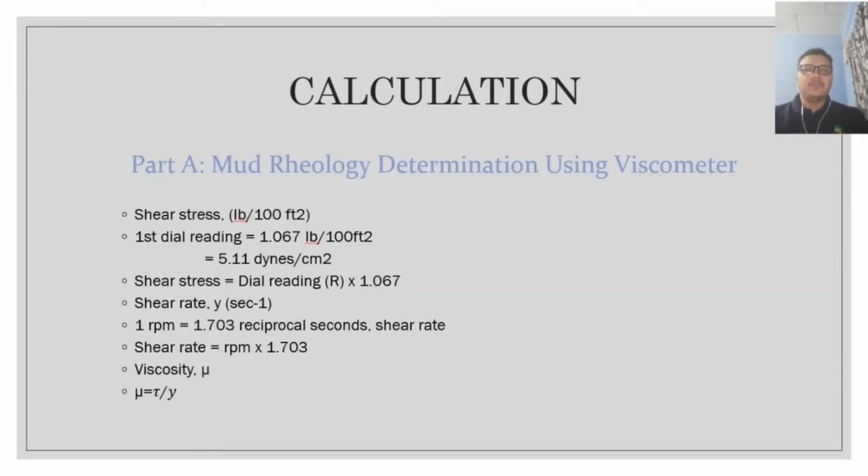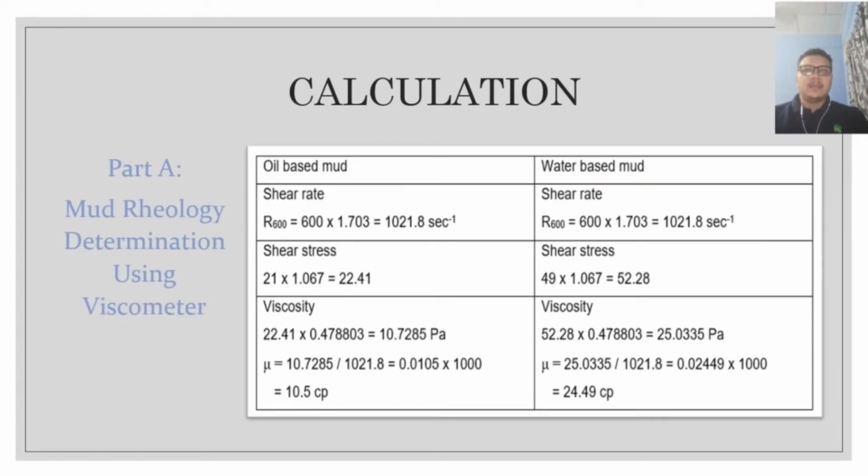So next we continue with the calculation. So in part A, here are the parameters used to calculate, and then here are the sample calculations for oil-based mud and water-based mud. This is to calculate shear rate, shear stress, and viscosity.